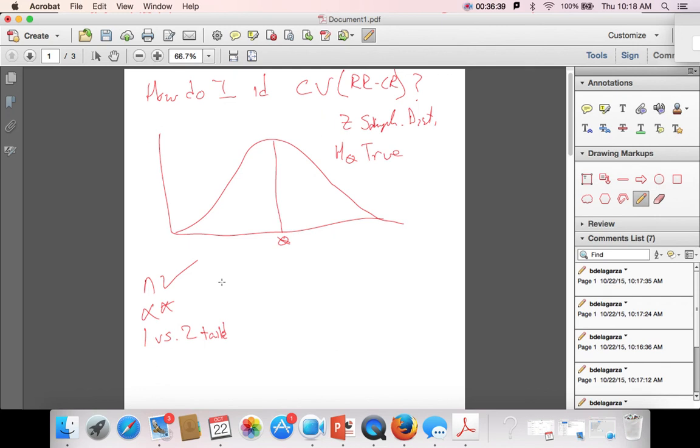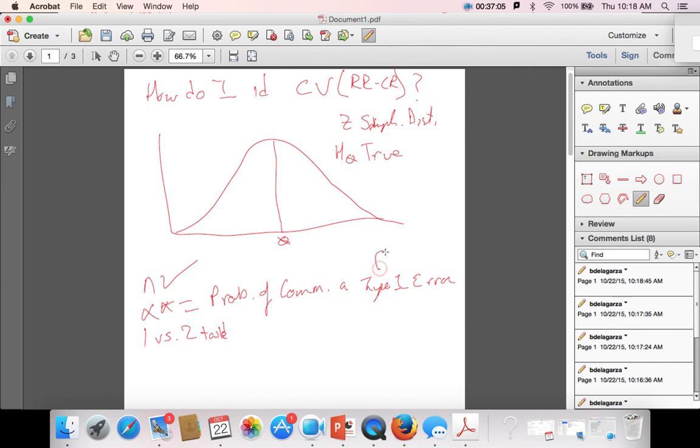And you'll find it on page 244. So you'll find it there under the definition of type 1 error. What is alpha level? Alpha level is the probability of committing a type 1 error. That is what alpha level is, the probability of committing a type 1 error.